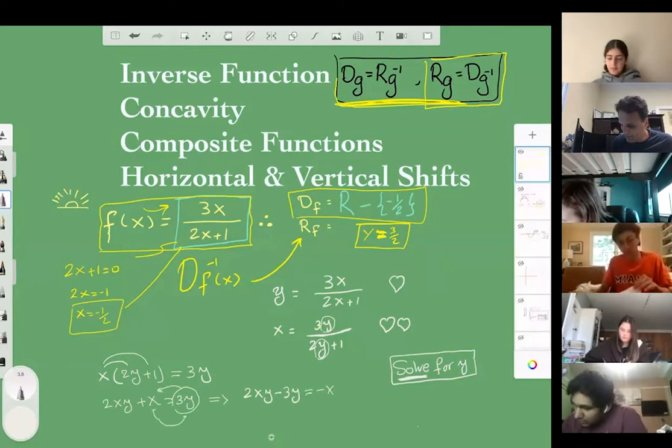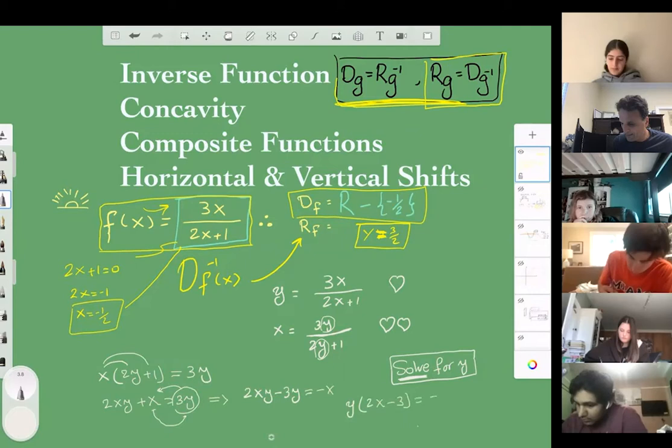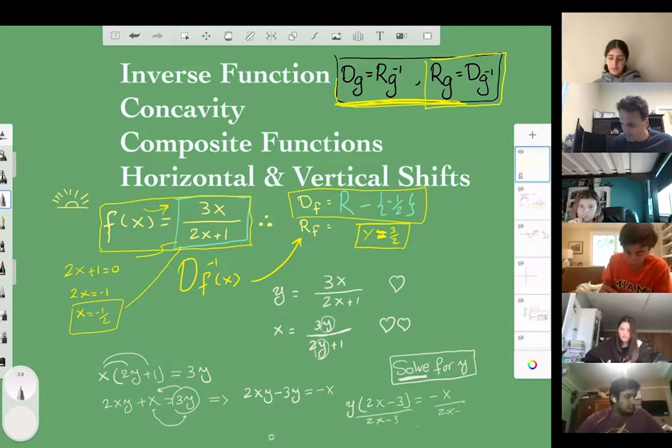I will factor the y. I get y times 2x minus 3 equal to negative x. Now I don't have room. I divide by 2x minus 3, 2x minus 3.